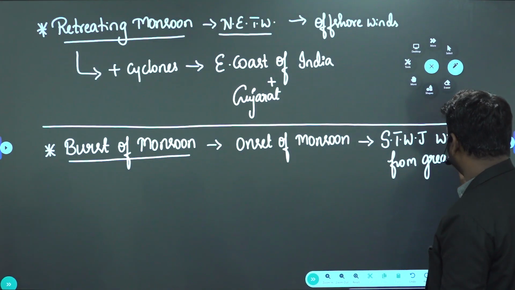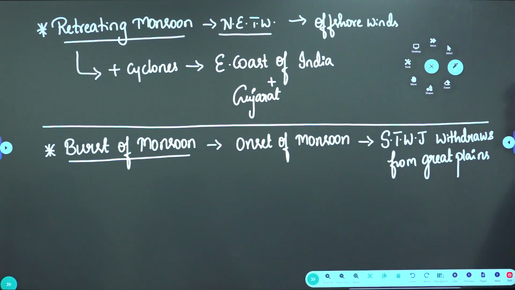I told you when it is above the Great Plains, no rainfall. The moment it withdraws, you will have sudden onset of monsoons, burst of monsoons.